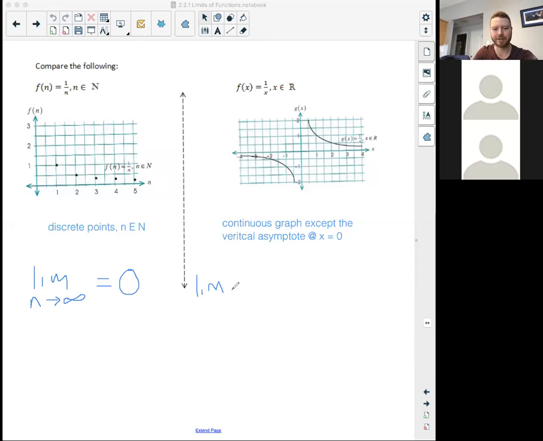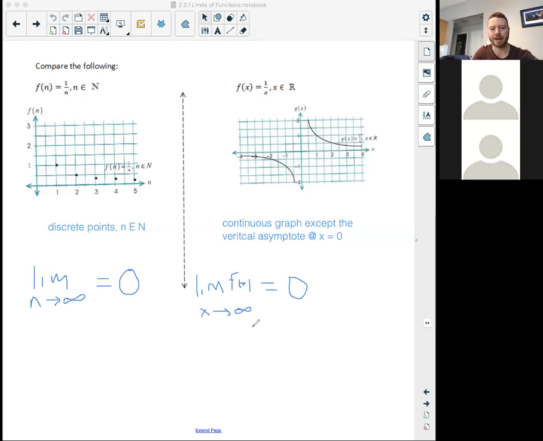Okay, so for the one on the right, what is the limit of f of x as x approaches infinity? That is also 0.